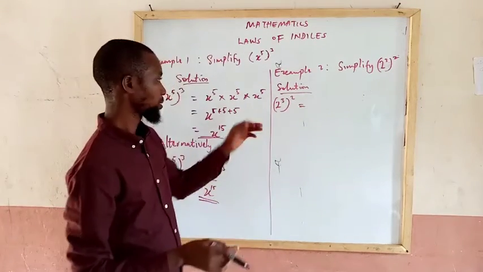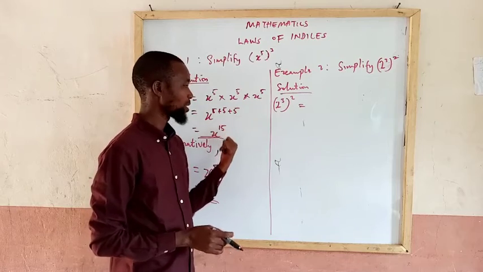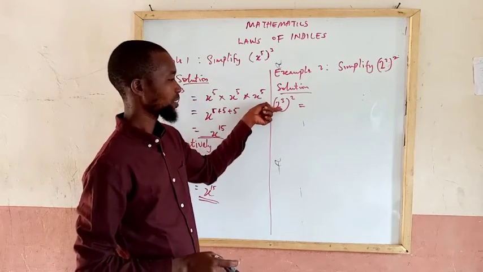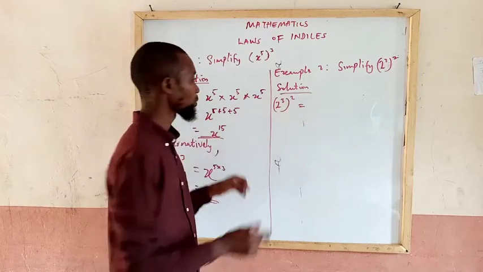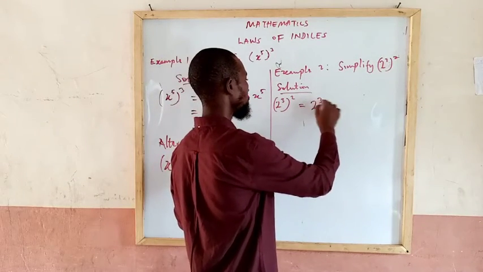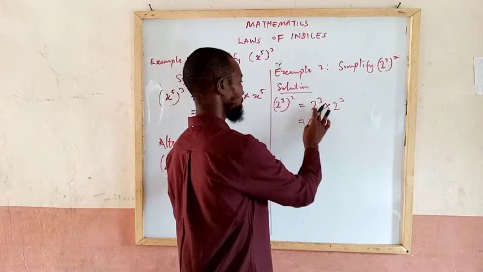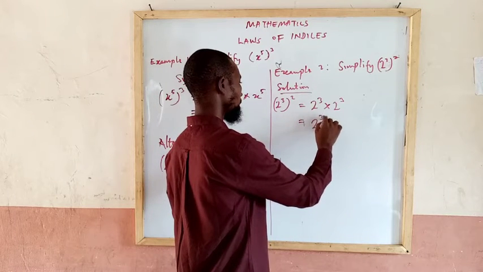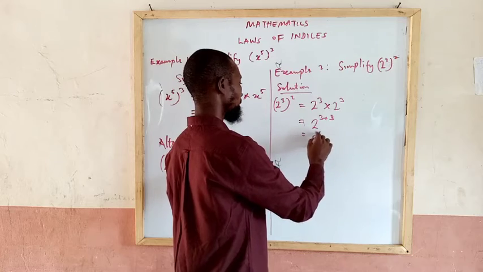If we are using the first method that I applied, what that means is that the element inside the bracket should be repeated how many times? 2 times. So that becomes 2 raised to the power 3 multiplied by 2 raised to the power 3. And the result of that is 2 raised to the power 3 plus 3. And that gives 2 raised to the power 6.